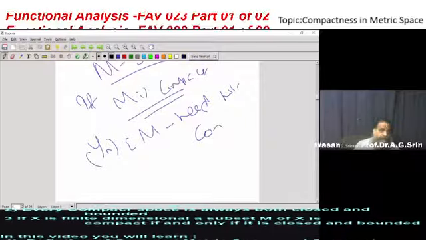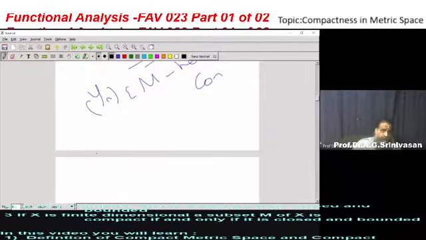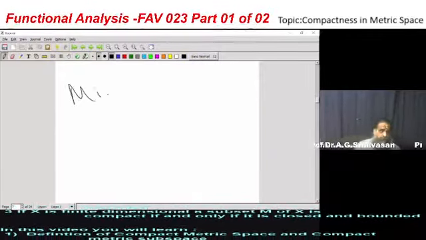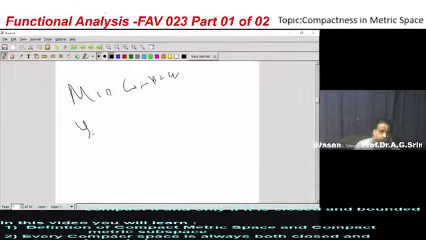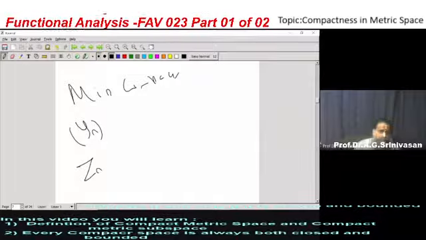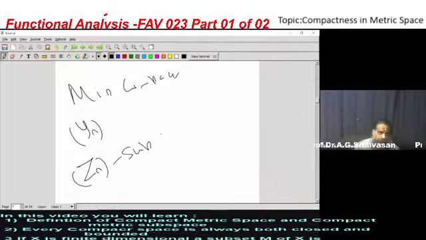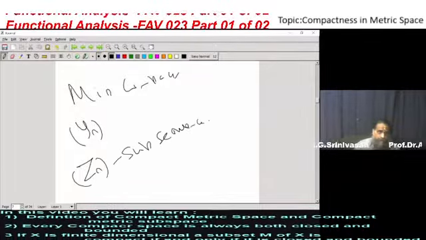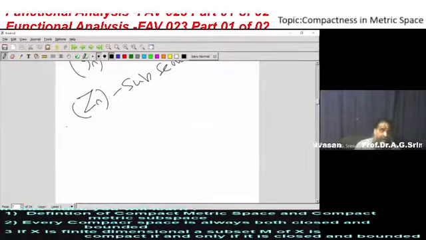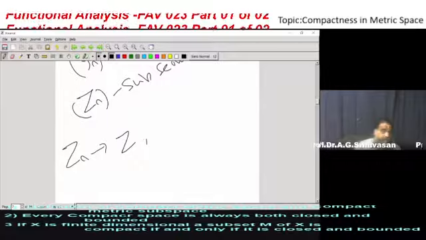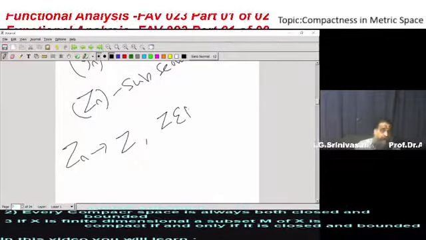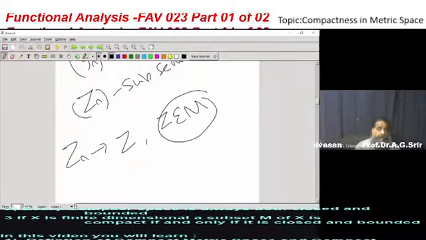However, if M is compact, then for that sequence Yn, you can find a subsequence Zn such that Zn will converge to Z. But what is important is that Z belongs to M. That is very, very important.